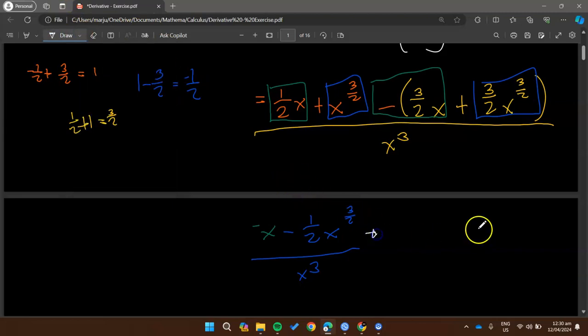This one, that is just equal to 2, and then to make them the same, or like terms, you have 2, so this will become negative 2x, minus x raised to 3/2.